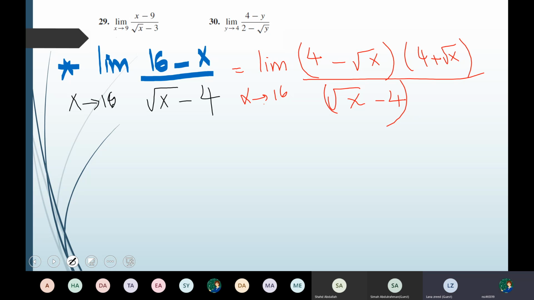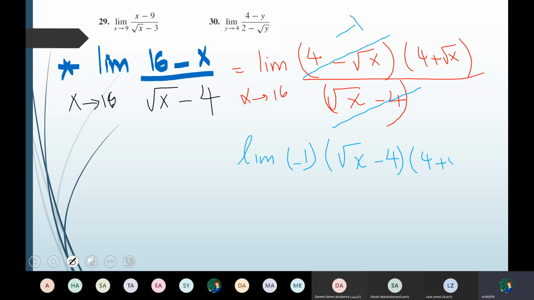No, I didn't talk about the final answer. I talk about how to simplify. Can you simplify the x minus 4? You cannot cancel them with 1. Take the negative 1 as a common factor, so it will be negative 1. If you take negative 1 as a common factor in the denominator, you will have (square root of x minus 4) times (4 plus square root of x) over (square root of x minus 4).